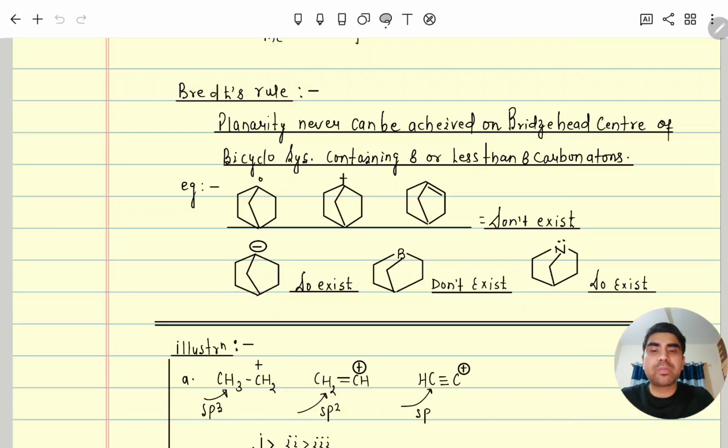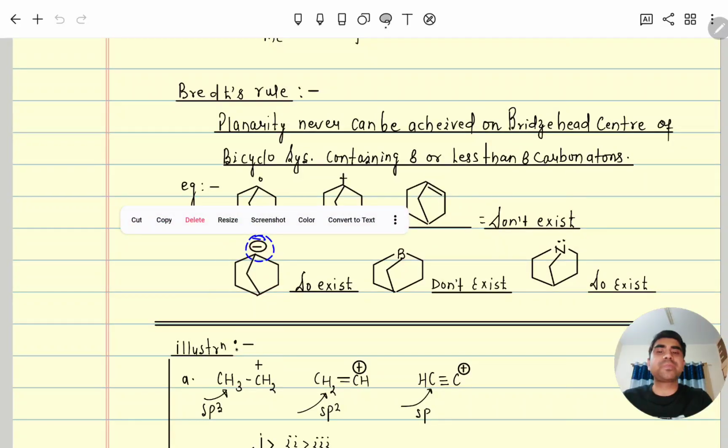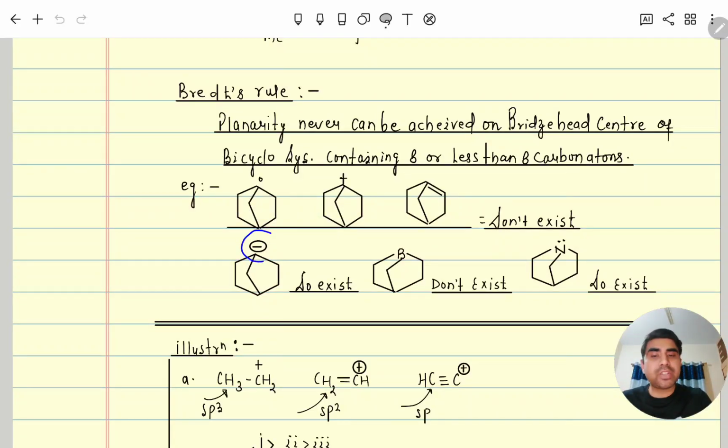Means at this bridgehead we cannot draw sp2 entities. That's why tautomerism is also not possible here; all these entities do not exist, they are not real. Whereas you know that this carbanion is an sp3 entity, yes it can exist.